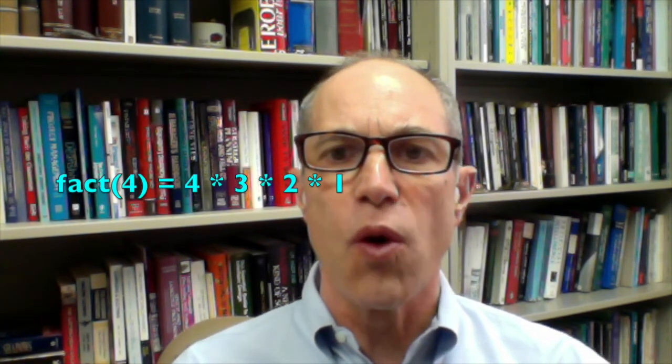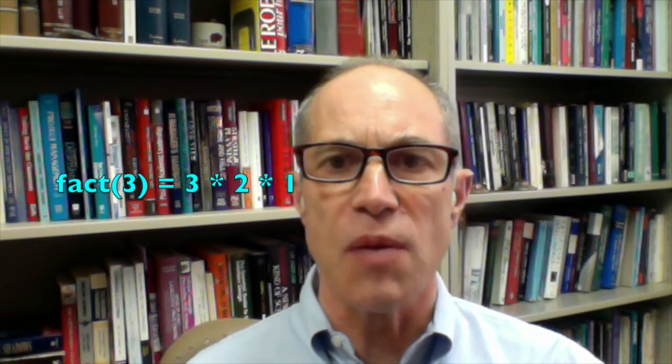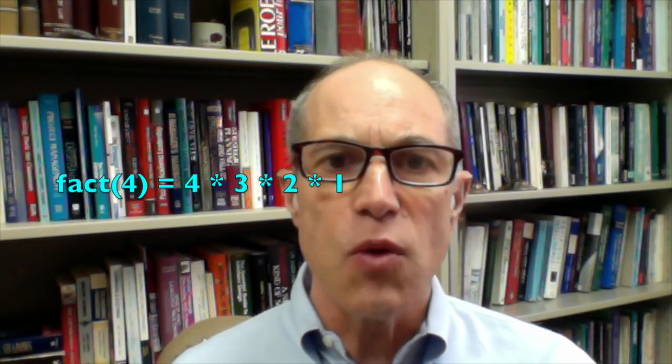For factorial then, I note that fact of 4 equals 4 times 3 times 2 times 1, and that fact of 3 equals 3 times 2 times 1. This means that fact of 4 equals 4 times fact of 3. Indeed, in general, fact of n equals n times fact of n minus 1.